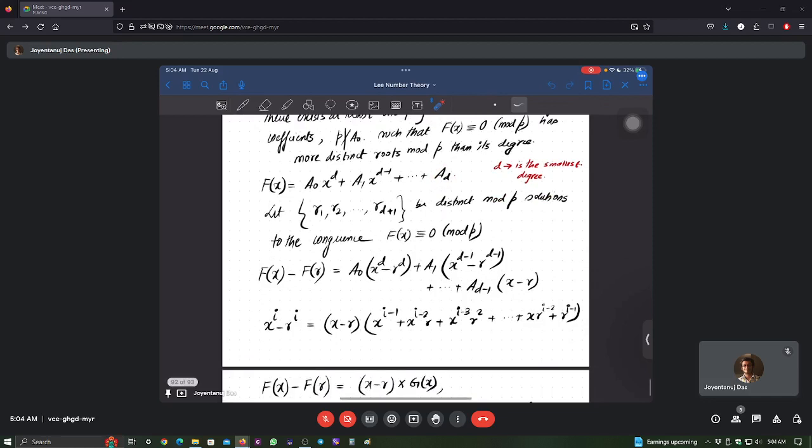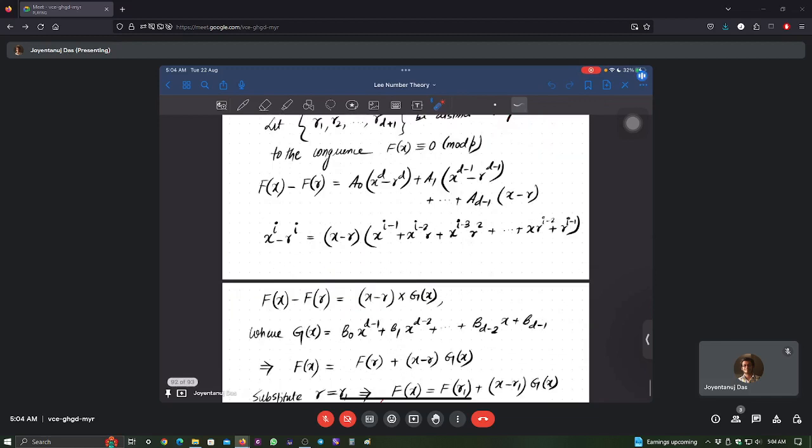So now we can see that from every term of the form x^i minus r^i we can factor out this linear factor x minus r, right? So this whole thing f(x) minus f(r) I can write as x minus r times g(x).